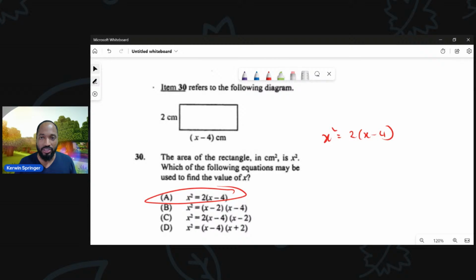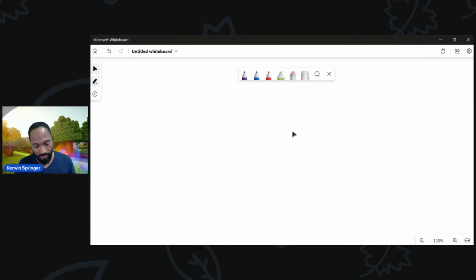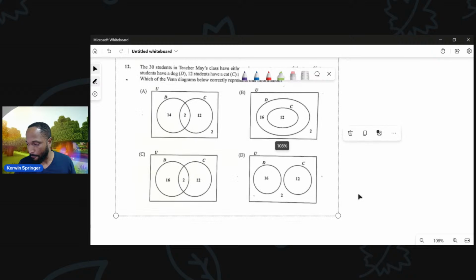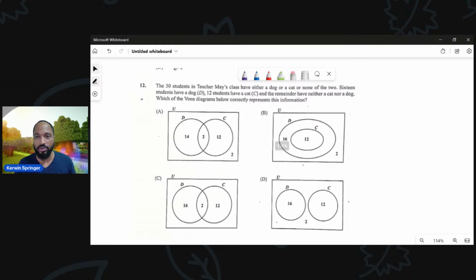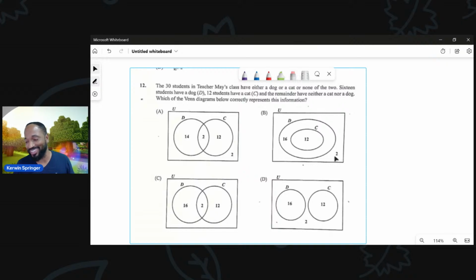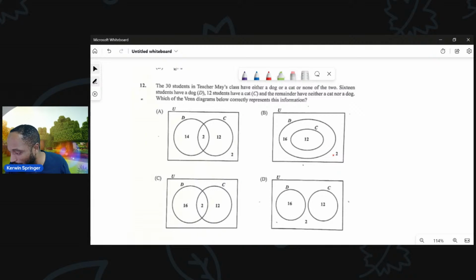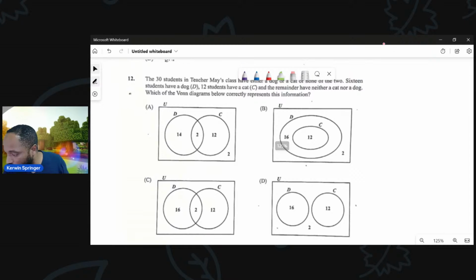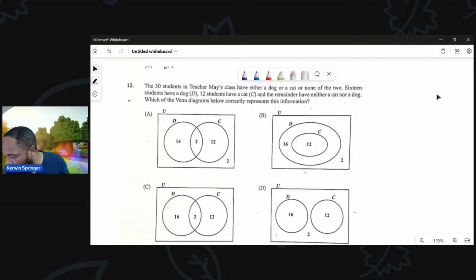Here's a nice, lovely sets question. The students and so on. Oh no, I have to read that. Class have either a dog or a cat, or none, or the two.